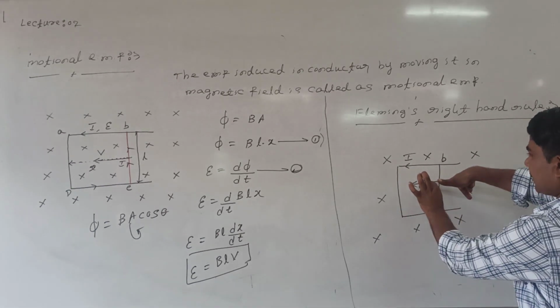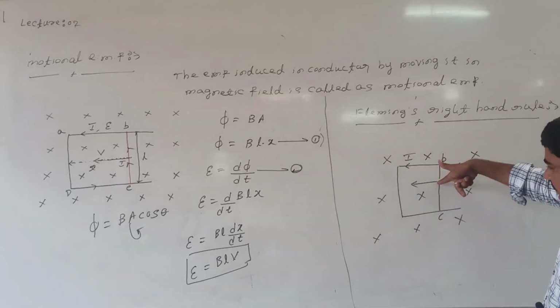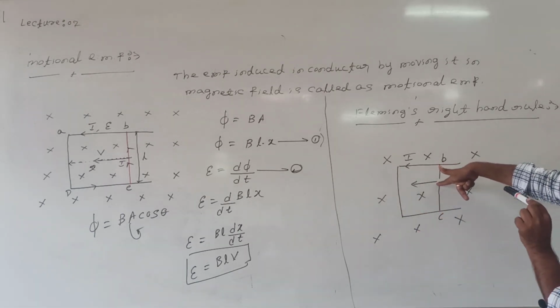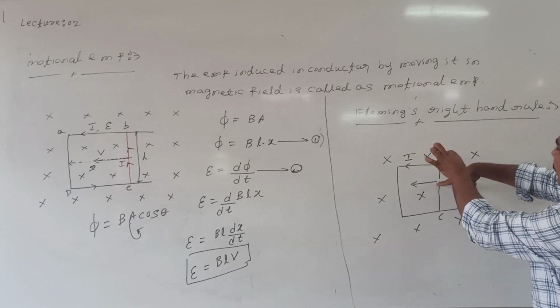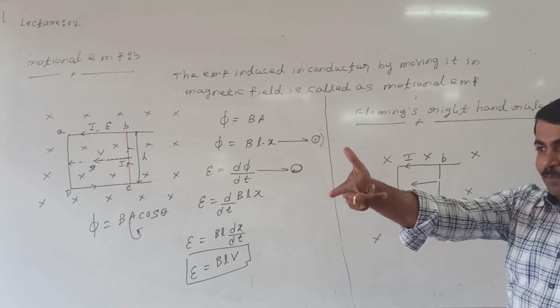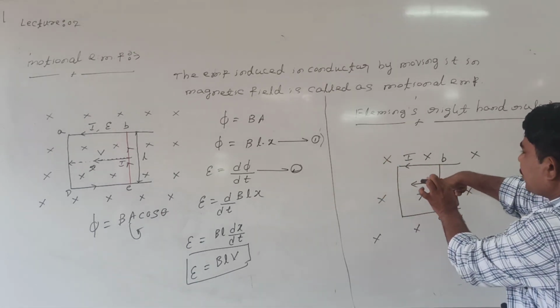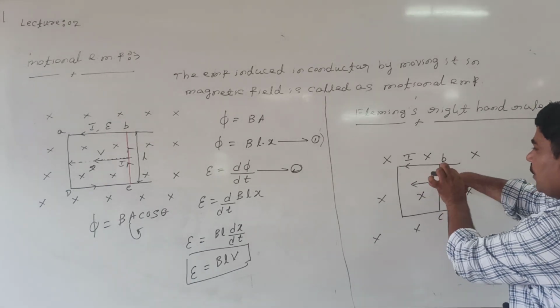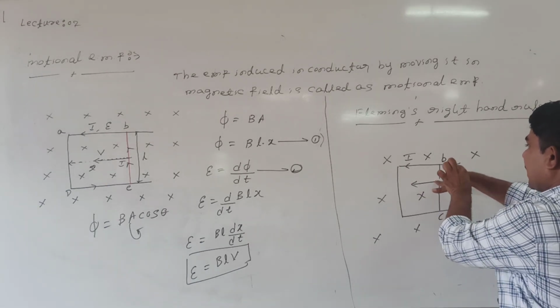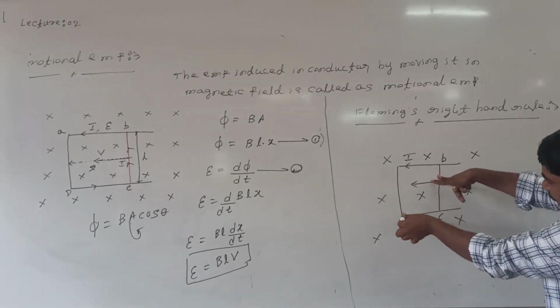In this direction magnetic field is there and in this direction current can induce like this. Then thumb indicates direction of motion of the conductor, forefinger indicates direction of magnetic field and middle finger indicates direction of induced current.